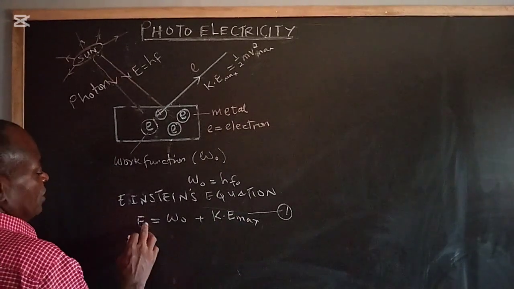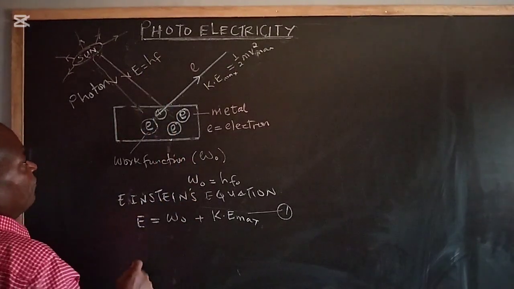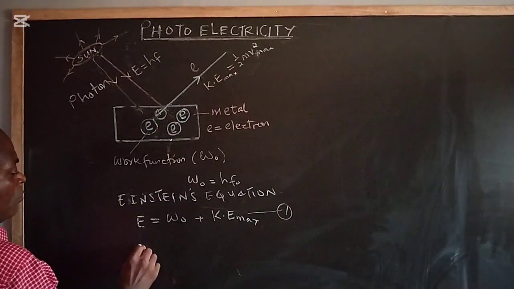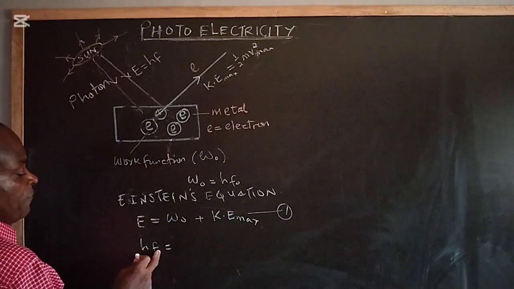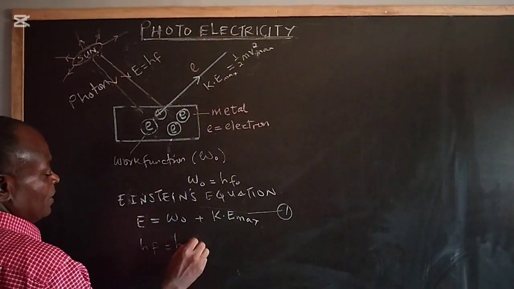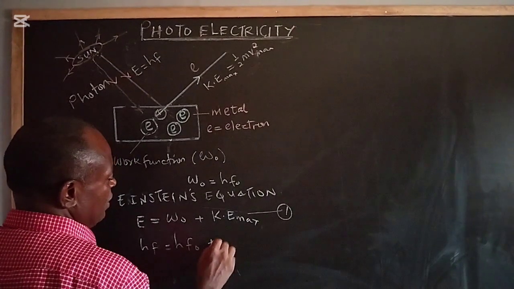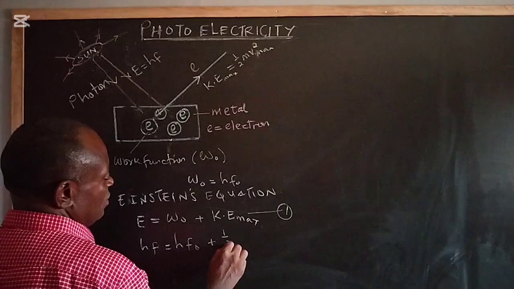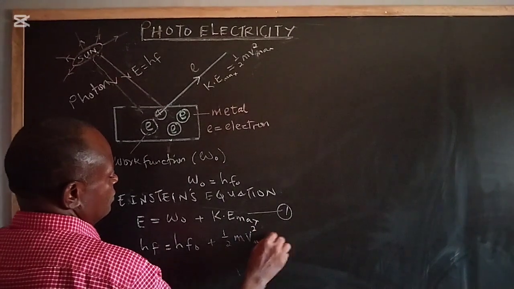The second function is E defined as the product of Planck's constant and frequency of radiation. So it will be Planck's constant, and we want to bring in frequency, and then this is Planck's constant times threshold frequency, or then we have the formula for kinetic energy, which is half mv squared, of course, with maximum velocity.